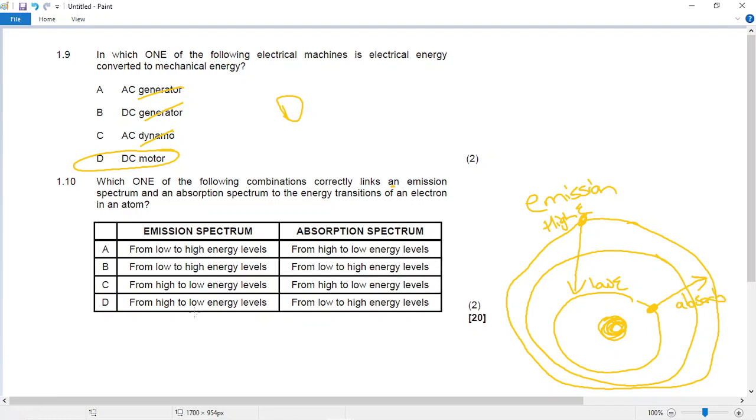So the answer here is D. We emit energy when we go from a high to a low energy level, because remember, the energy's got to be conserved. Something has to happen to it. So if we go from high to low energy, we will emit light, and we will absorb light if we want to increase our energy. We take the little photons of energy out of the light and go from a low to a high energy level. So the answer is D, and that is the end.